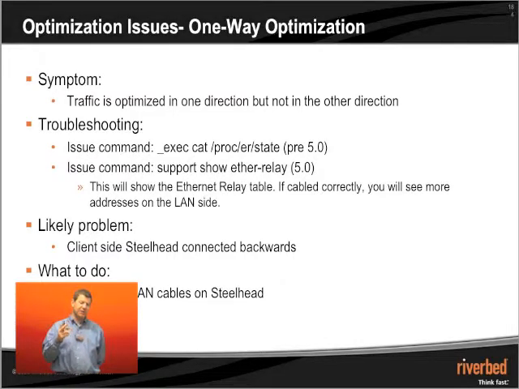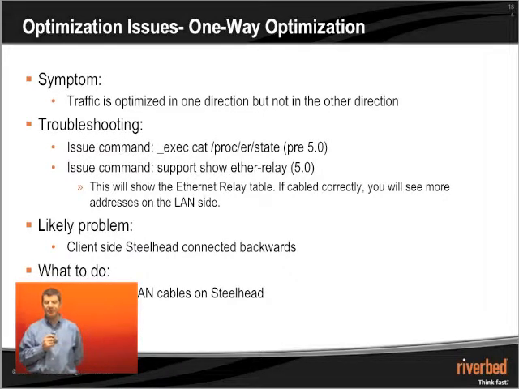So if the cables are reversed and the WAN port is connected to the switch and the LAN port is connected to the router, then we're going to have SYNs showing up on the WAN port, which will not be optimized, and we will only see optimization of traffic that's coming into the steelhead, not going out.